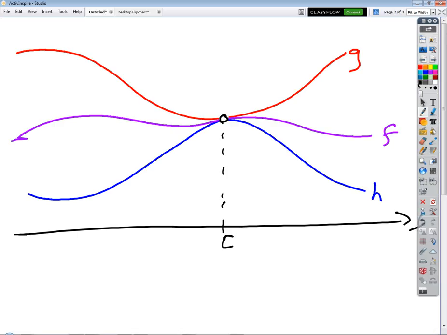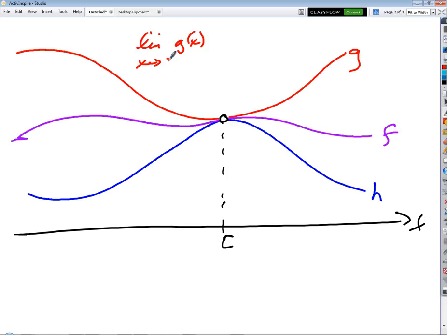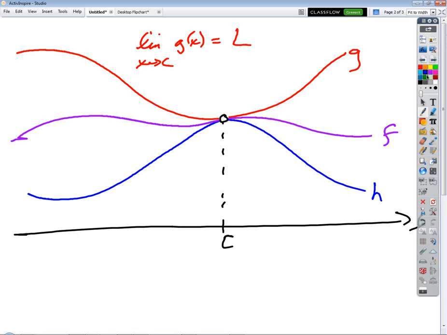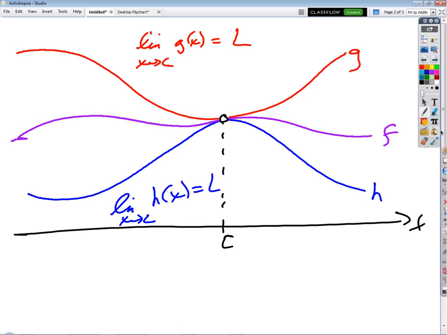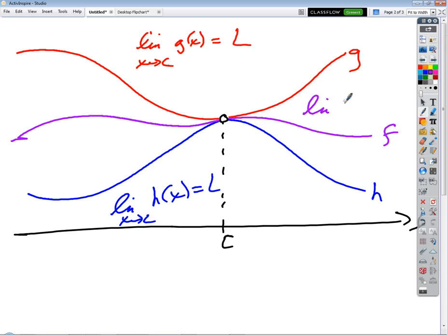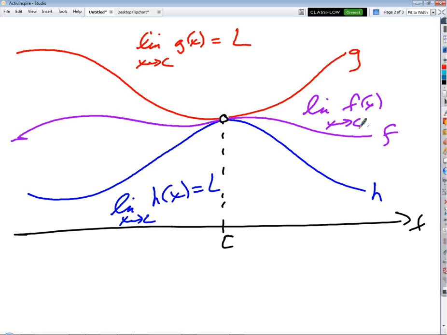If this is true, if the limit, I'm going to write this in red, so it's all nice and color-coded here, if the limit of g of x as x approaches c is some number L, we don't care, just some number, and the limit of h of x as x approaches c also equals L, then what do you suppose that guarantees about the limit of f of x as x approaches c? Oh, it's got to be L. Does that make sense? Yep.